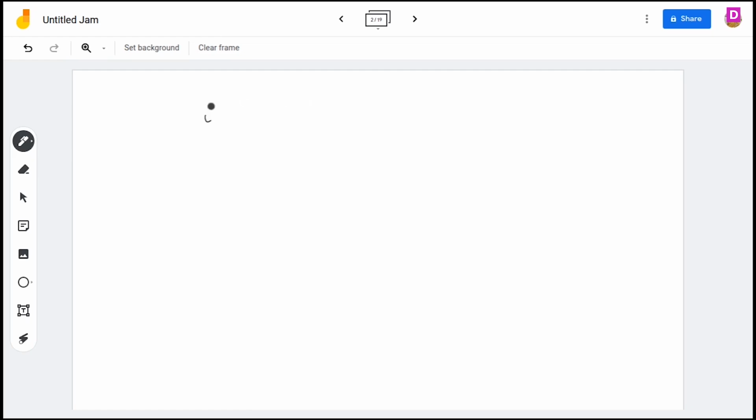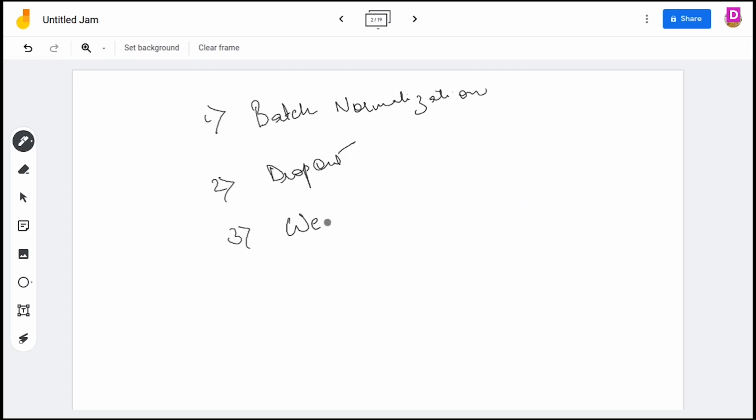Some of these are, number one we can start with is batch normalization. Then what we can use is dropout. We have weight initializers that we use.